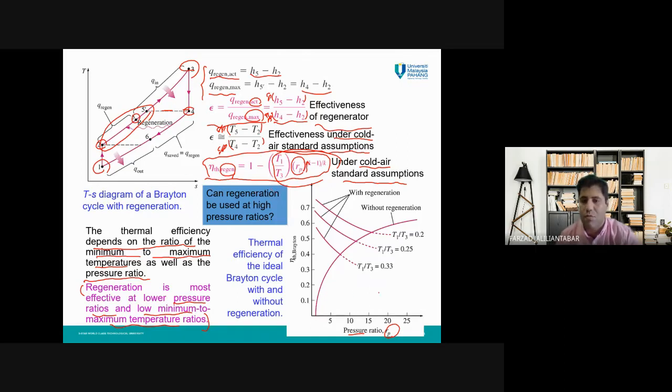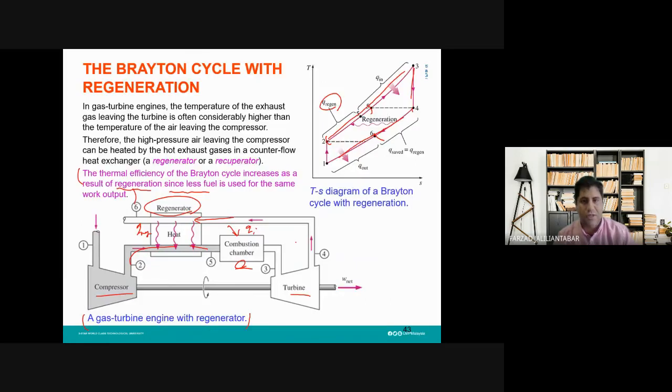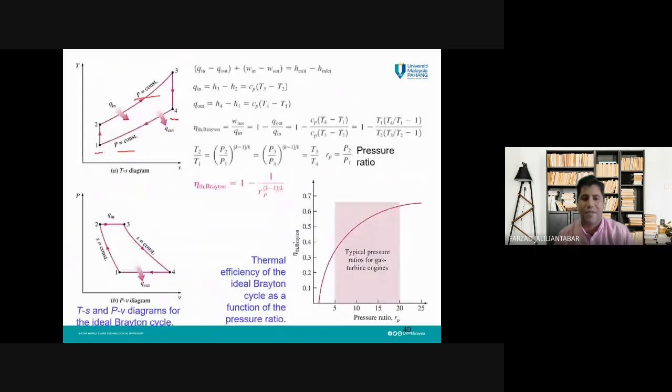But when we don't have any regenerator in the cycle, this equation was like this, if you remember. If we increase this Rp, then efficiency increases because of this equation.